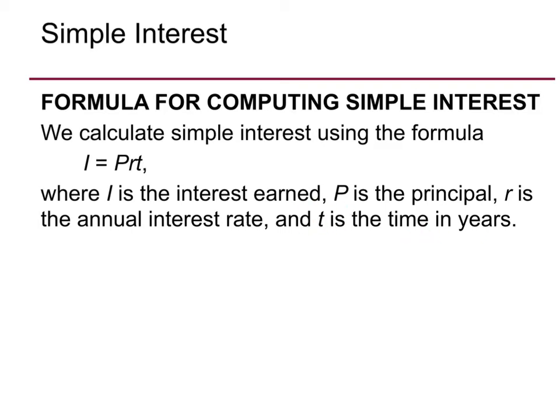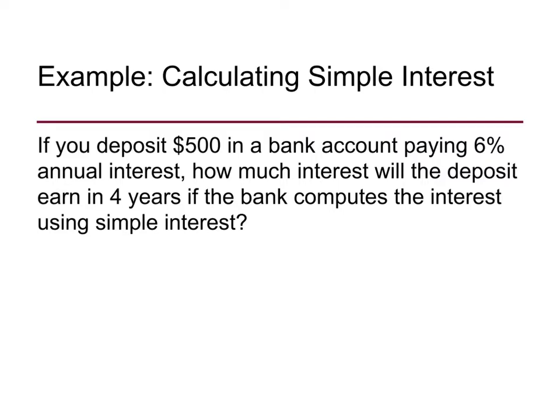I equals PRT. And let's do an example using that formula where we deposit $500 into a bank account paying 6% interest, and we want to find out how much interest we'll earn if we let that $500 sit for 4 years using the simple interest formula. So let me write the formula down again. I equals PRT.